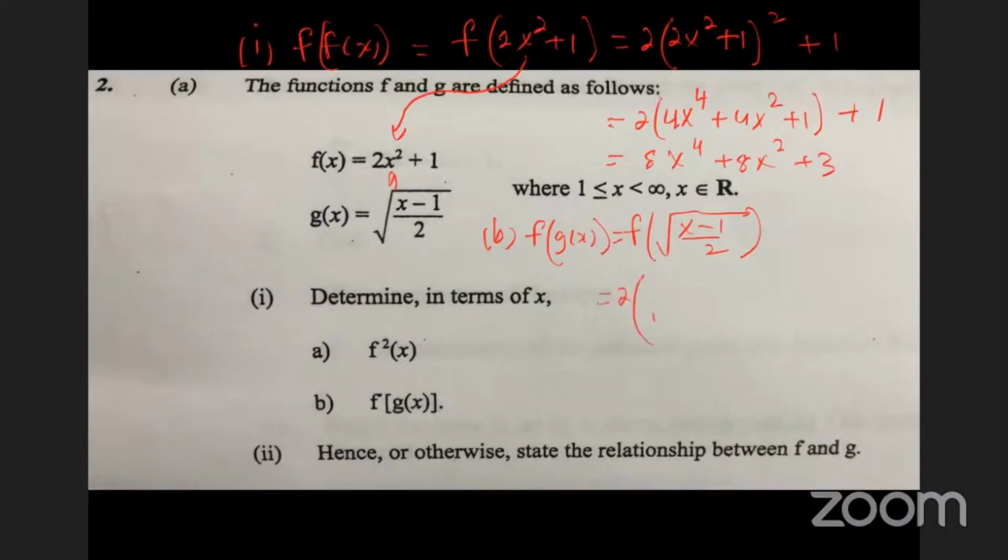So it will be 2 by the square root of (x - 1)/2, squared, plus 1. So you're going to square the square roots, that'll cancel off. And then 2 by 2, that'll cancel as well. And you'll get x - 1 + 1, which is x. What does that mean? It means that g of x must be the inverse.